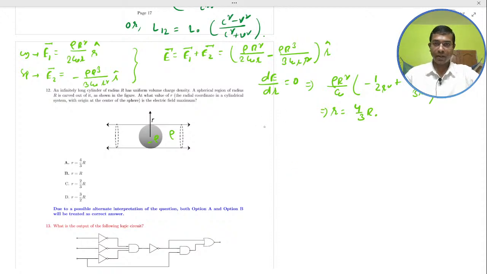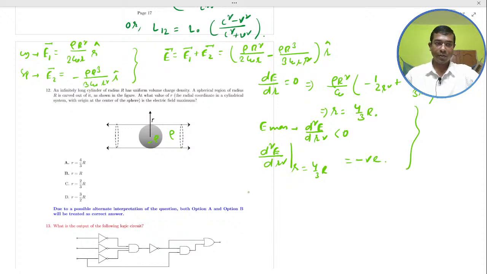For the maximum, the second order derivative should be negative, d square E/dr square less than 0. Doing the second derivative at r equal to 4/3 r, you get a negative result, so it is satisfied. So options A and B are both correct, because r equal to 4/3 r and r equal to r by convention.